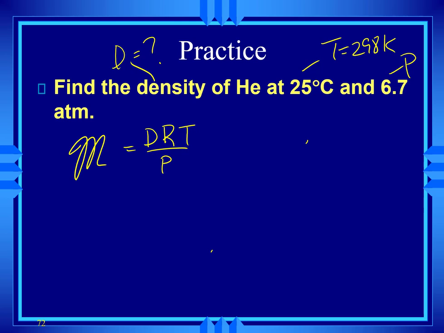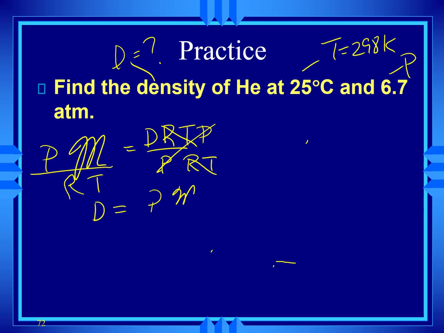Okay. So how do I get density by itself? Well, I have to multiply both sides by pressure and divide both sides by R and T. So I end up with D equals P M over RT.